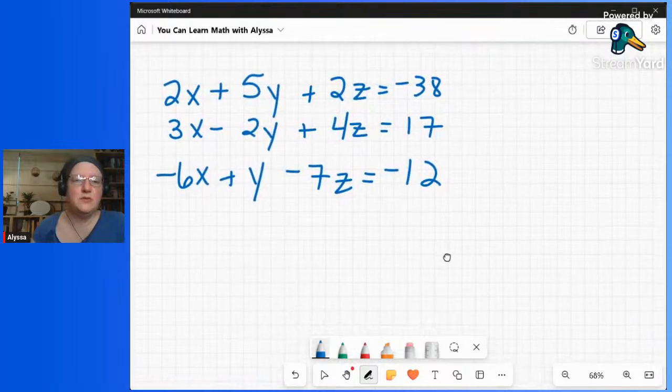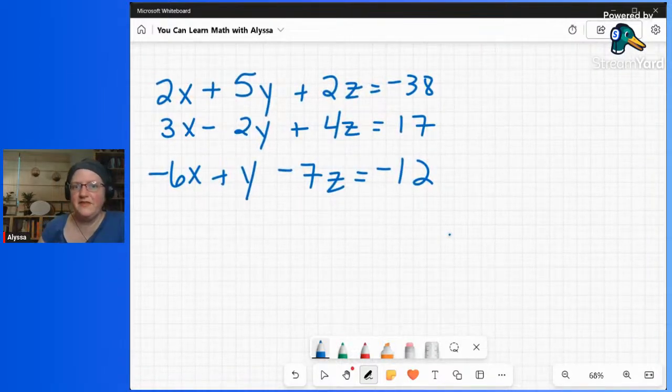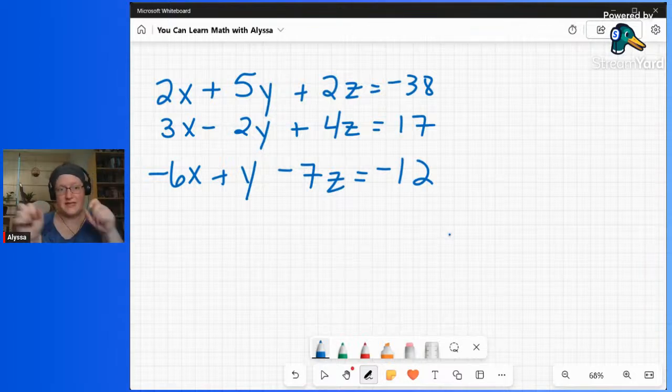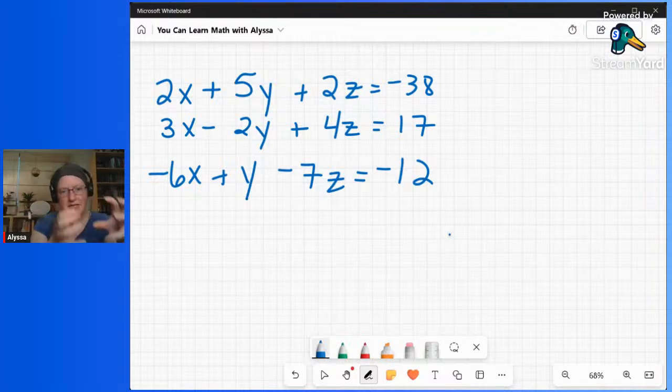If you're presented with a system of equations that has 3 variables, you're going to pick any 2. You're going to do 2 different pairs, and they have to be different. Pick 2 of these equations, put them together, eliminate something. Take another 2, put them together, eliminate something.